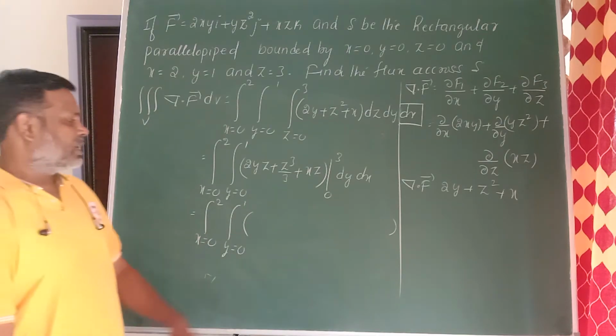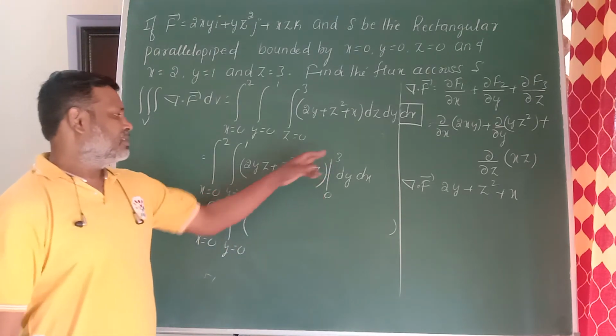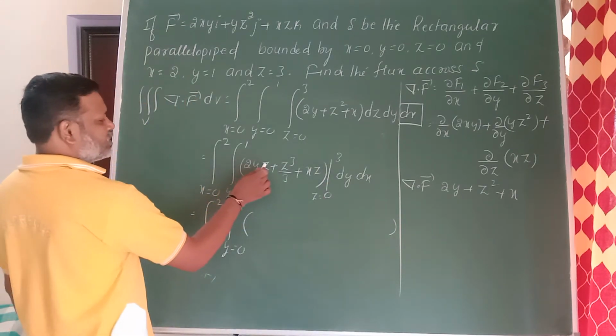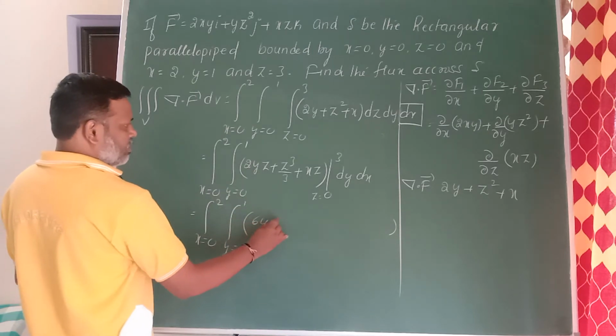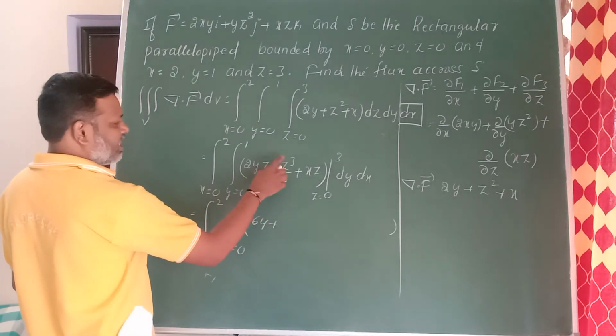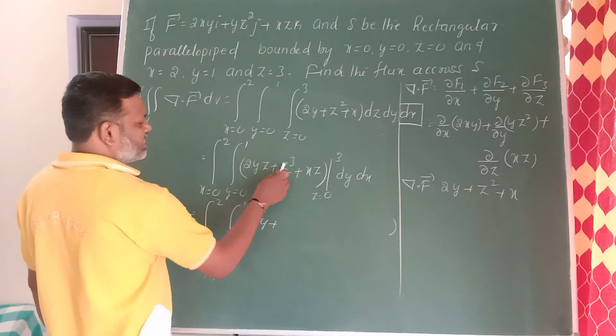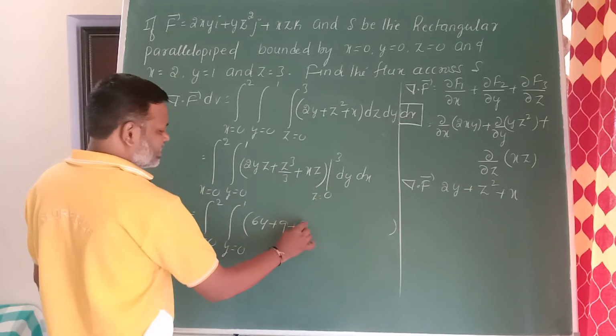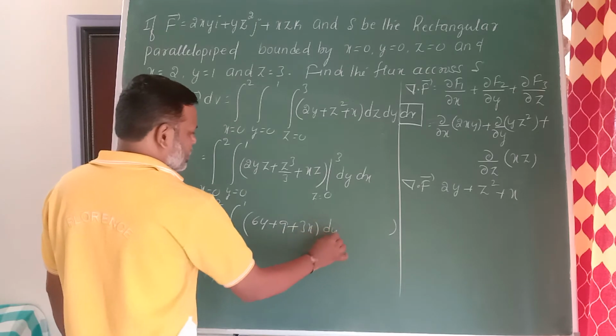There is no need of applying the lower limit here; these values are z values. So z is 3: 2 times 3 is 6y, plus 3 cube is 27, 27 by 3 is 9, plus xz is 3x, into dy dx.